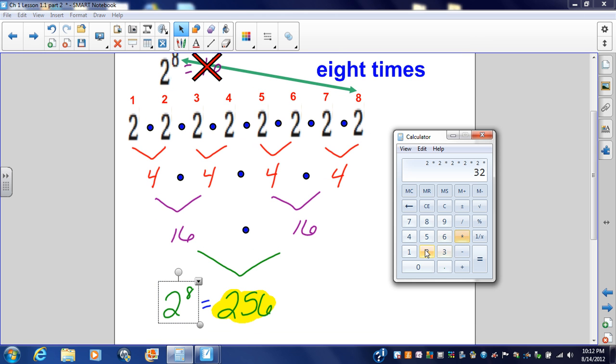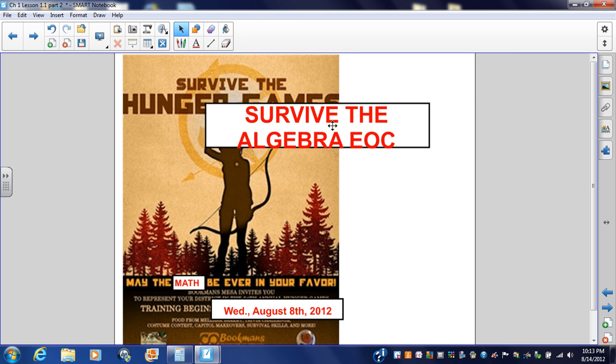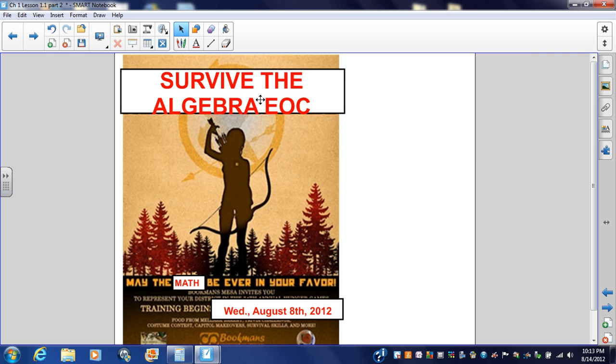I think that's a really good way to check your answer at the end, but I'm not sure I would do it that way because it's very easy just to hit an extra 2 or an extra number, and now you can clearly see that 512 is the wrong answer. Again, I don't think you're going to survive the algebra EOC that long, and the math will not be forever in your favor if you try to take that shortcut. So don't fall to the dark side.